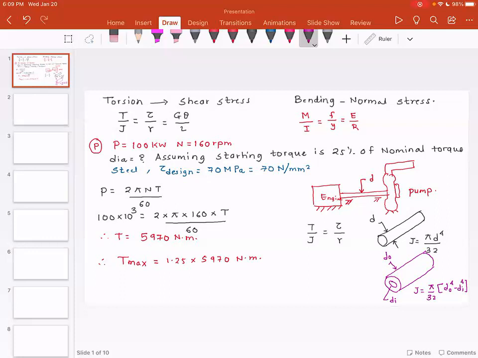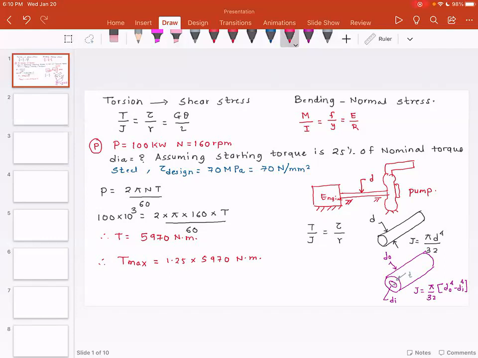Pipe also has an outer radius and an inner radius, or outer diameter and inner diameter. But in the case of pipe, the thickness is very small. In the case of shafts, this thickness is non-trivial.